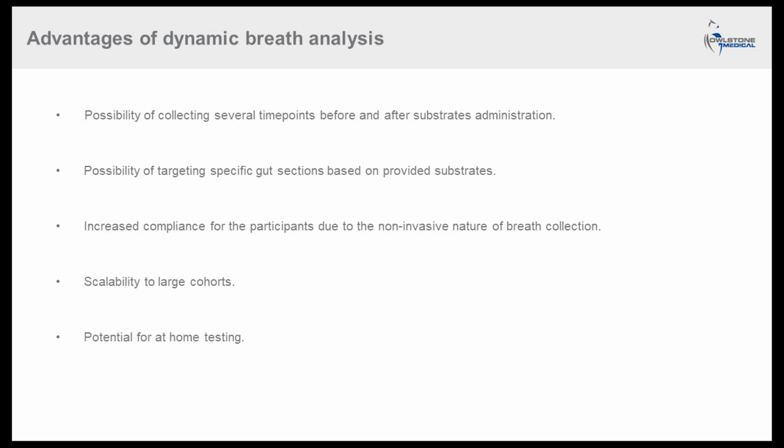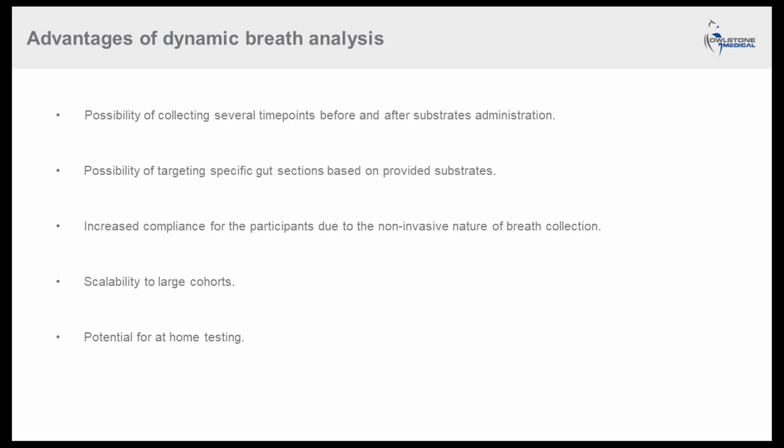And therefore, we can partially overcome these problems by using breath analysis, because we can exploit the accessibility and feasibility of breath analysis because we can easily collect a sample before and after substrates administration. There is possibility of targeting specific gut sections based on provided substrates.